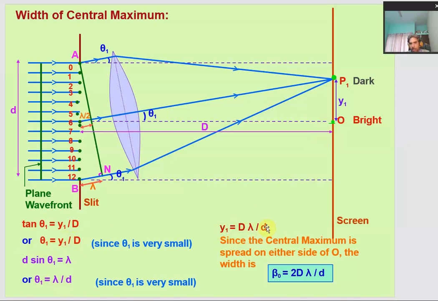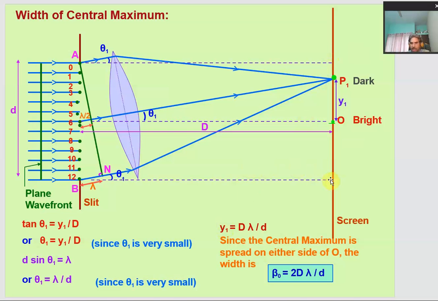Here capital D is the distance between the slit and the screen, and small d is the size of the slit. So we can understand the effect: if small d is smaller, the position of the dark fringes will be at a farther point. That means the diffraction pattern will spread out and cover a large range of the screen. Similarly, if capital D is less, that is, the screen is placed close, then the pattern will be over a small range of the screen.